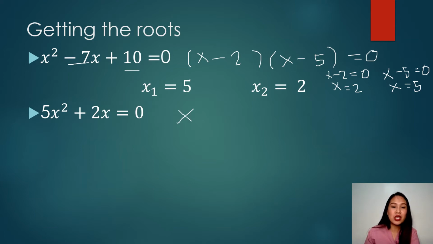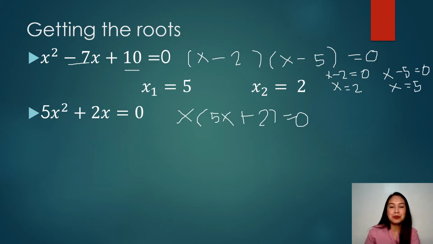Their common factor is x. So if we factor out x from 5x squared, we'll be left with 5x. And then plus, since we have factored out x, we can also extract that from 2x. We'll be left with 2 equal to 0.